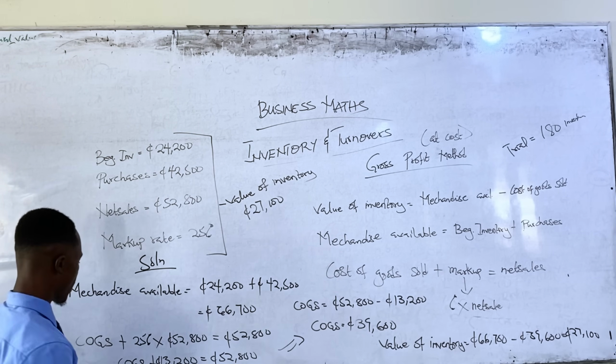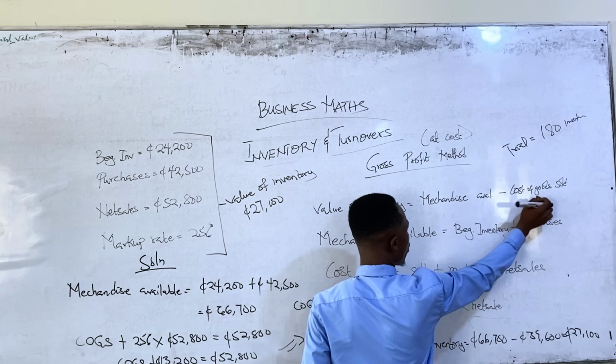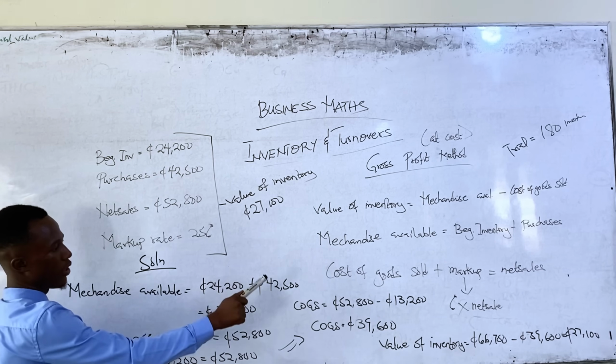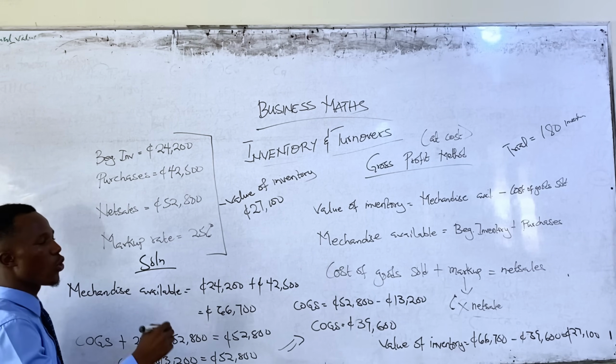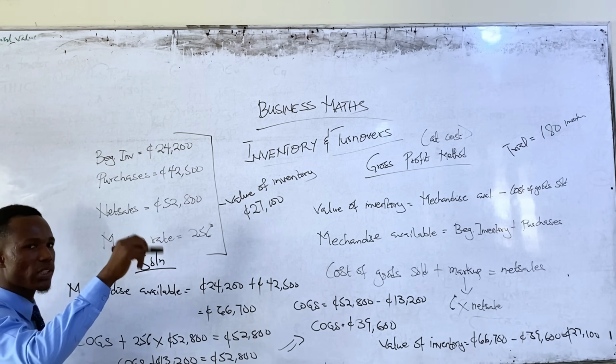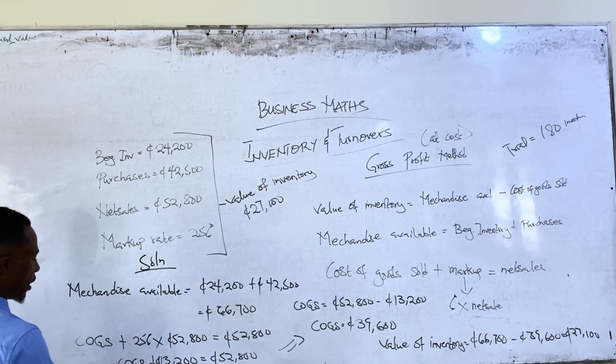Very neat. Then when you come to cost of goods sold, the COGS, that one too was not given in the question, and we know the formula is COGS plus the markup, which is the percentage multiplying net sale, equal to net sale again. So that is what we did here.